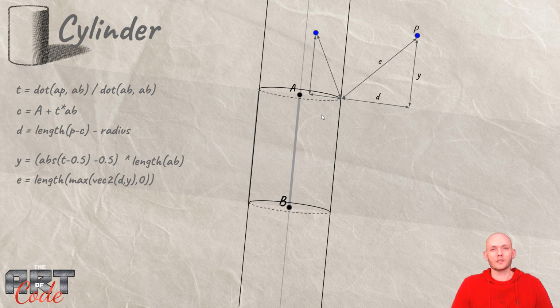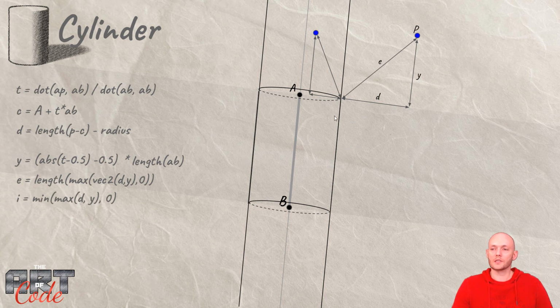For the box, for instance, the interior distance is actually kind of different. But for this one I did want to go over it because sometimes you need a proper interior distance. We'll go over it maybe in another video, but for now I just wanted to define the interior distance as well.